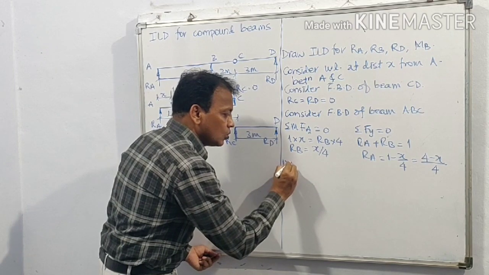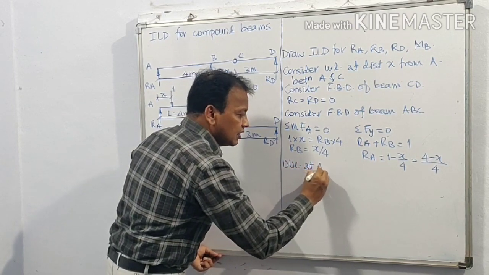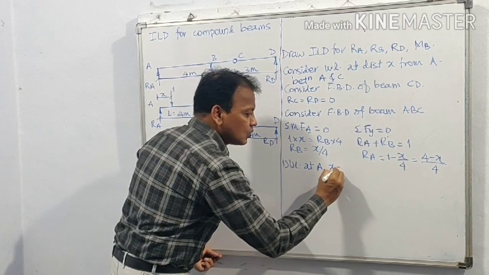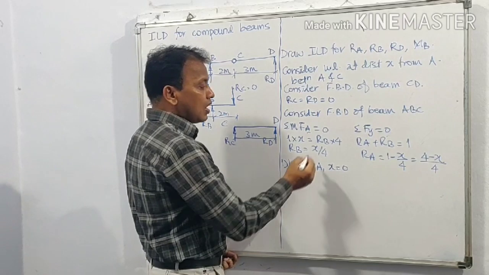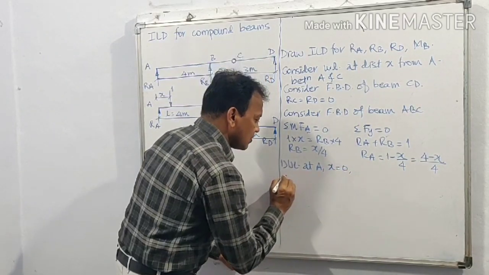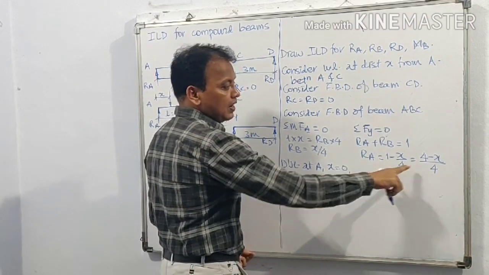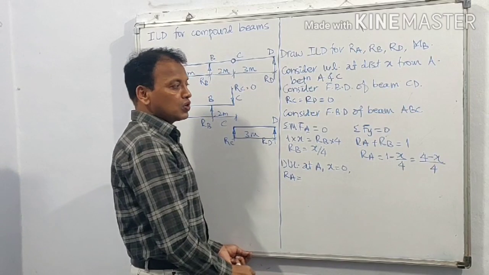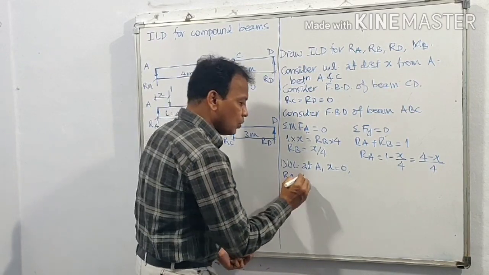When unit load is at A, X is equal to 0. Therefore, what can we write for RA? RA is equal to 4 minus X upon 4, that is 4 minus 0 upon 4, that is 4 upon 4.